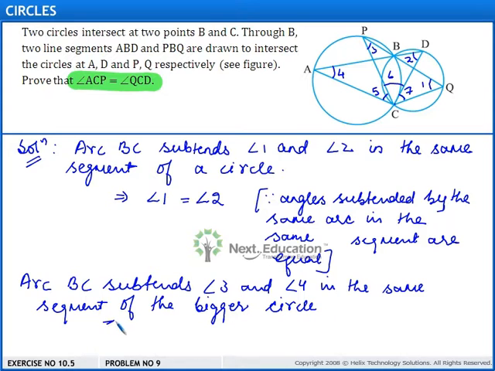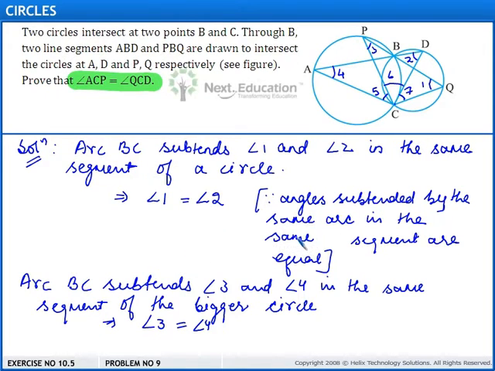The reason is the same: the angles subtended by the same arc in the same segment of a circle are equal.